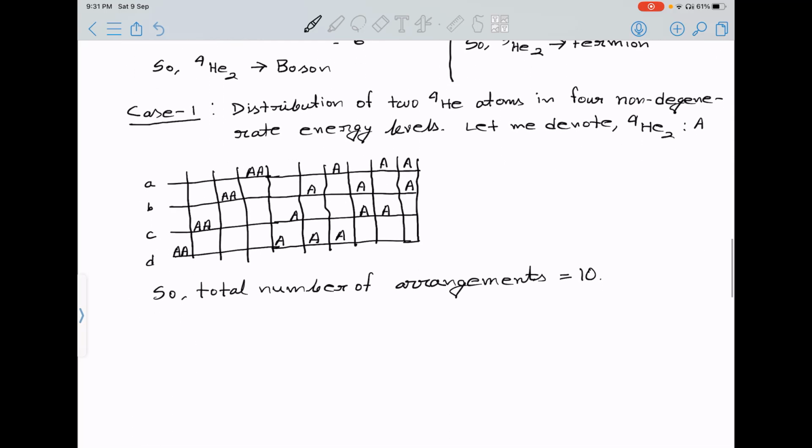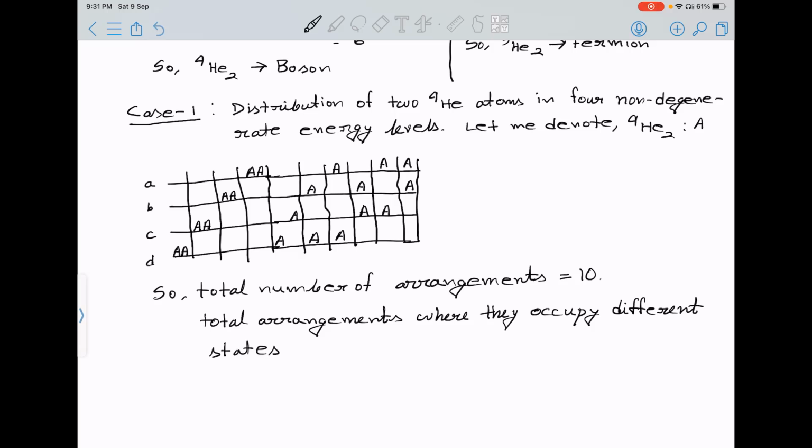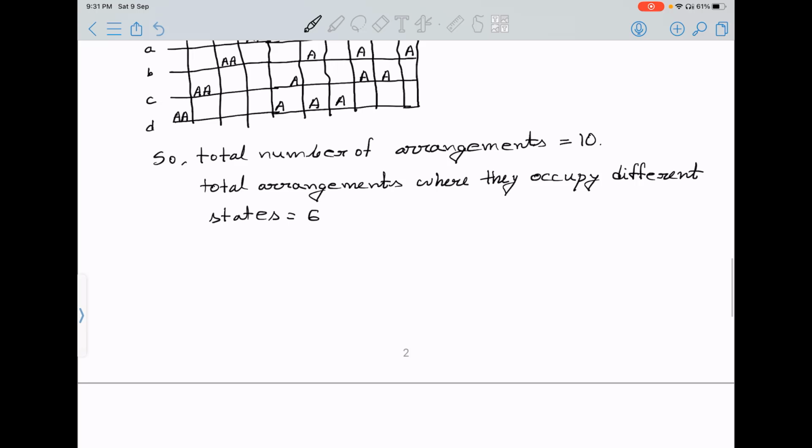The total arrangements where they occupy different states is 6. So the probability, which is defined as small p, equals 6 upon 10, and this gives me 0.6.